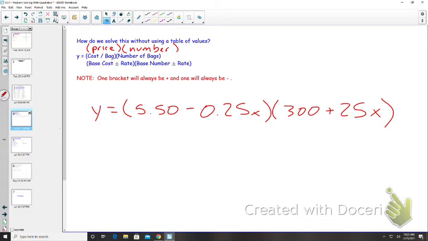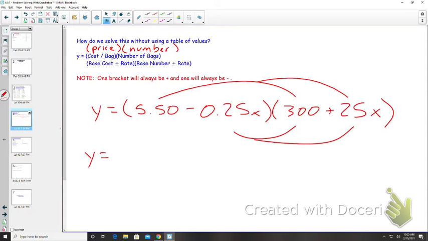If you were to do that, you could graph it. I'm not too concerned about doing it for this particular question, but this is just what it would look like if we were to graph it. If you were to expand this out, FOIL it, you would get y is equal to negative 6.25x squared plus 62.5x plus 1650.